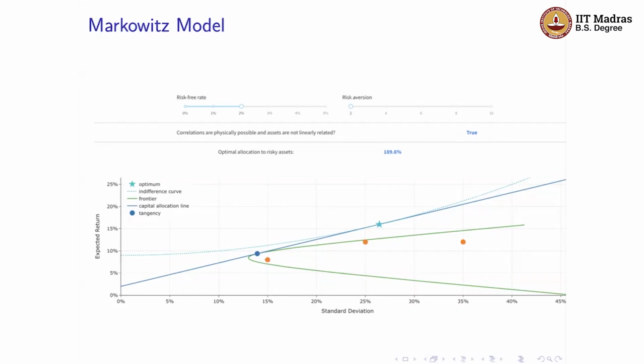You can change the values of risk aversion, risk-free rates, and the characteristics of the portfolio, so their expected returns, covariances, variances, and so on, and see what happens. They also give the Python code, so in case you are interested in seeing how these things are generated, that option is also available to you.